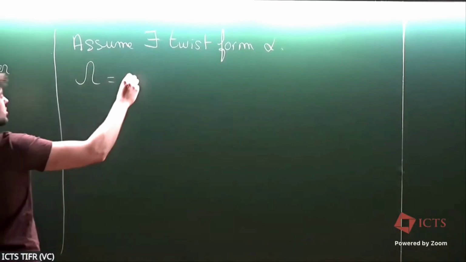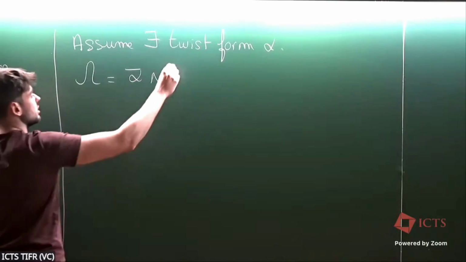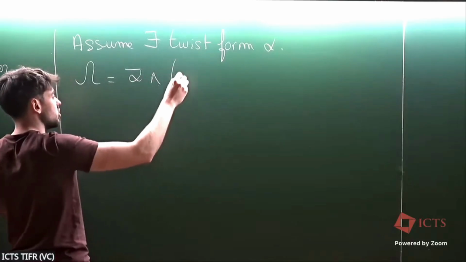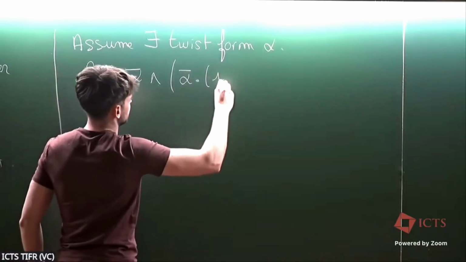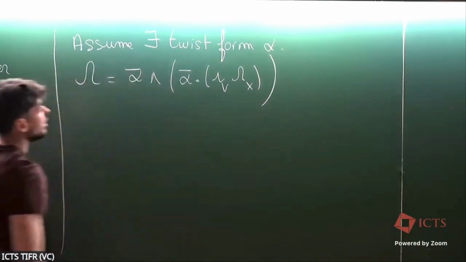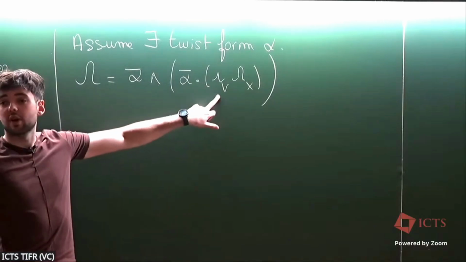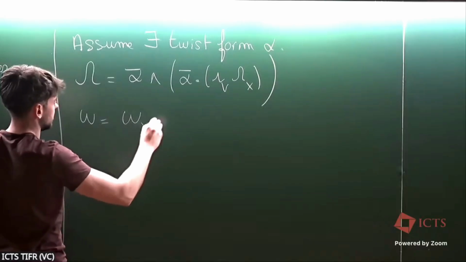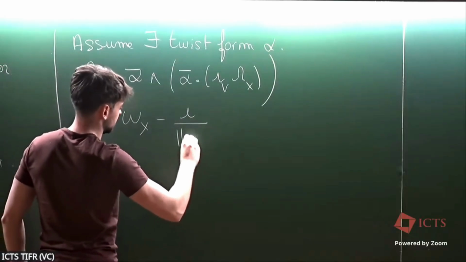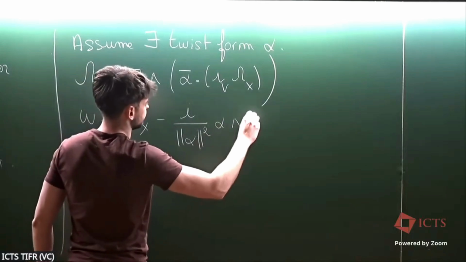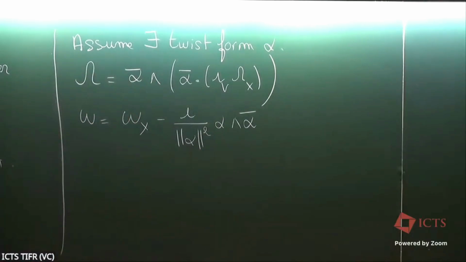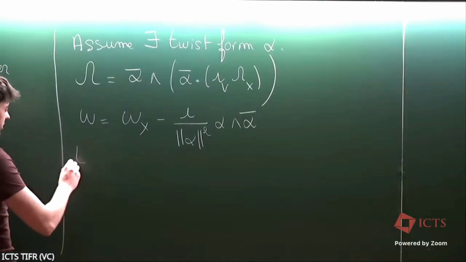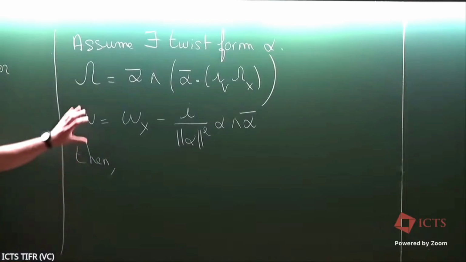Big omega, which is going to be alpha, the conjugate of alpha, wedged with something like that, where V is any vector field induced by the action of S1 on X. Little omega, which is the following. Okay, and this I claim defines an SU(n) structure on the quotient Y.